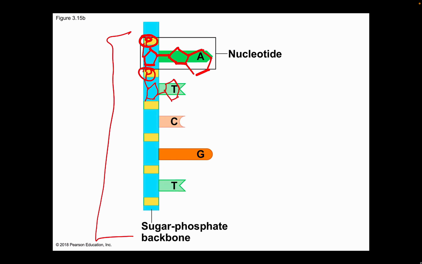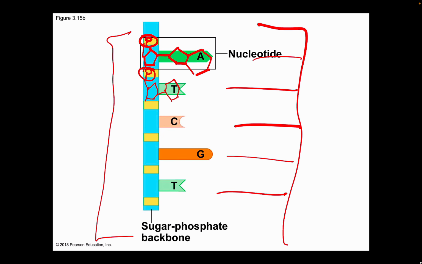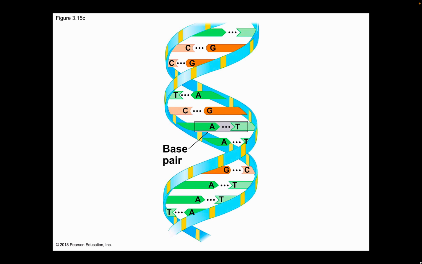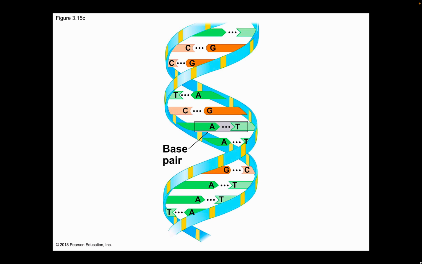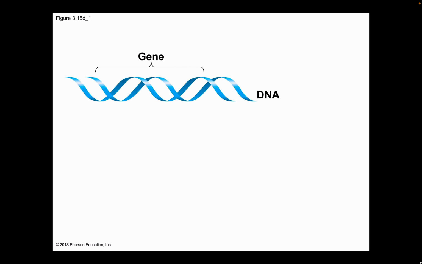And then the bases are perpendicular to that backbone, and if this was DNA, they would be facing towards the center of that double-stranded molecule. If it's RNA, then they're not actually bonded to anything. So in DNA, again, the sugar phosphate backbone makes up the outsides of the molecule, and the bases make up what we would call the rungs or the steps in that spiral staircase.